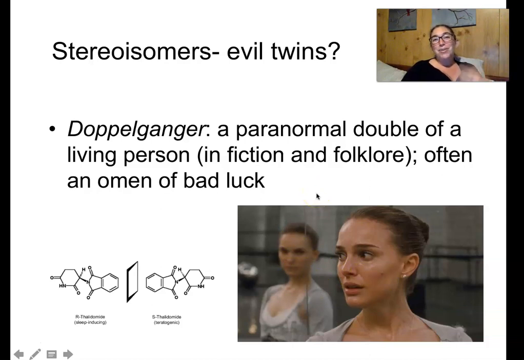And sometimes if you know someone and then you're in another city walking around and you see someone, you're like, oh my God, I swear that was so-and-so. You might call them their doppelganger, like a paranormal ghost-like twin. So I sometimes think of these enantiomers as evil twins. You've got the good twin and then the evil twin that has the negative side effect. But those are enantiomers for you.